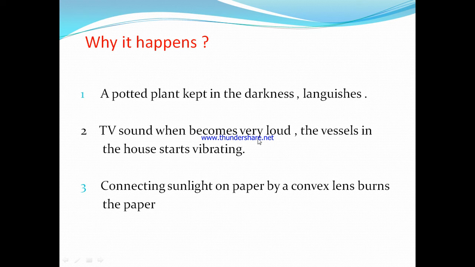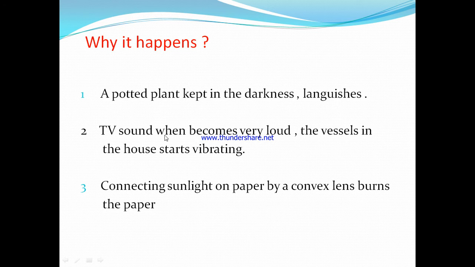TV sound, when becomes very loud, the vessels in the house start vibrating. आपण समजा टेलिव्हिजनचा आवाज खूप मोठा केला, तर आता अशा परिस्थितीमध्ये आपल्या घरातील छोटे छोटे भांडे ते व्हायब्रेट व्हायला लागतात. एखादं लूज बसलेलं असेल तर ते पडतं सुद्धा. Concentrating sunlight on paper by a convex lens burns the paper. तुम्ही हातात एक भिंग घ्या आणि त्या कागदावर धरा आणि ते सूर्यप्रकाशात ठेवा, खालचा कागद तुम्हाला जळालेला दिसेल.